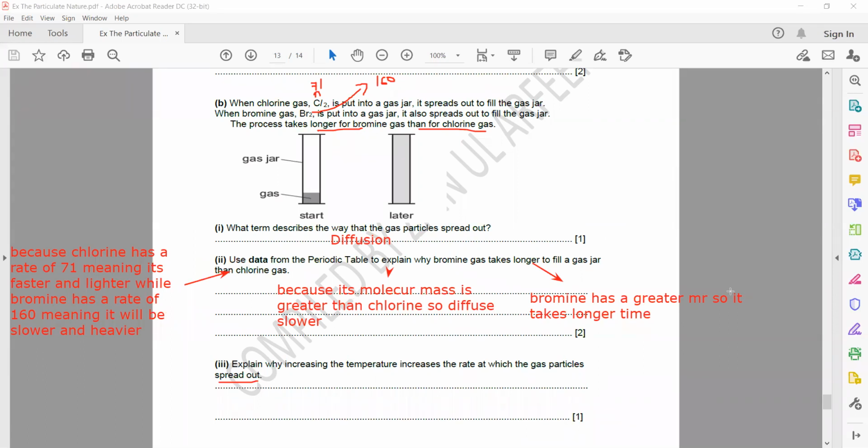The particles gain more energy and move faster. High temperature, more energy. So the rate of diffusion will increase.